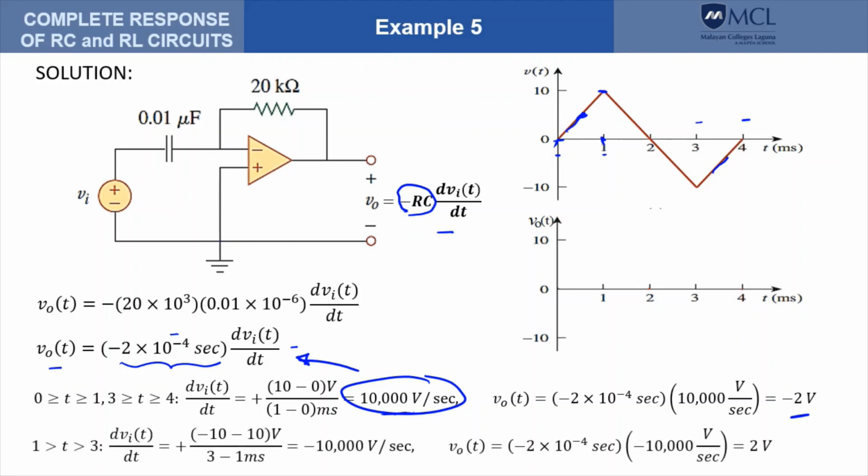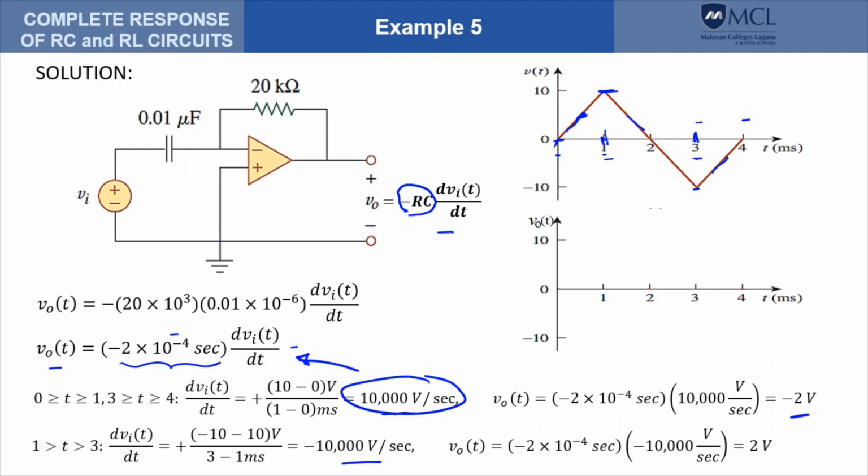Now for the time between 1 and 3 milliseconds, the slope is this one. So the rise there is negative 10 minus 10, and the run is 3 minus 1. Okay? And that should give us a negative 10,000 volts per second.